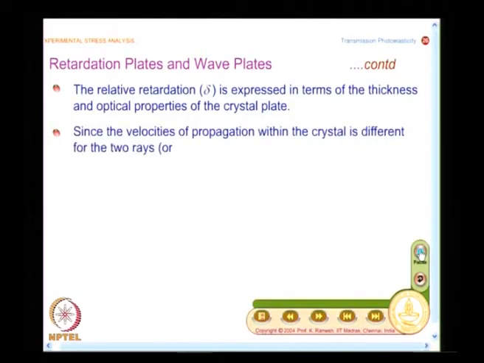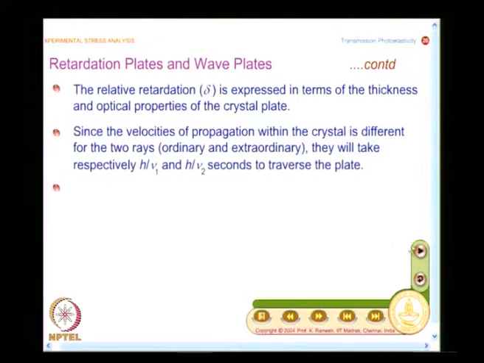And so, what you find here is that the velocities of propagation within the crystal are different for the two rays. They will take respectively h by v1 and h by v2 seconds to traverse the plate, and we take h as the thickness of the plate. t, if I use it, indicates time, so we want a different symbol for the thickness, and we take advantage of our understanding of refractive indices.